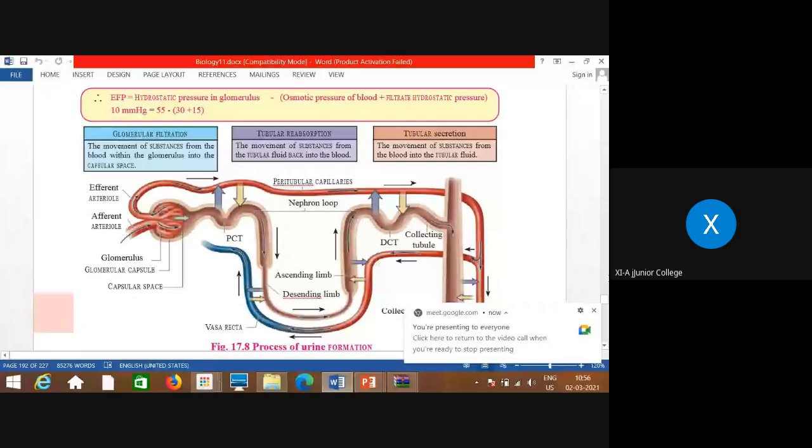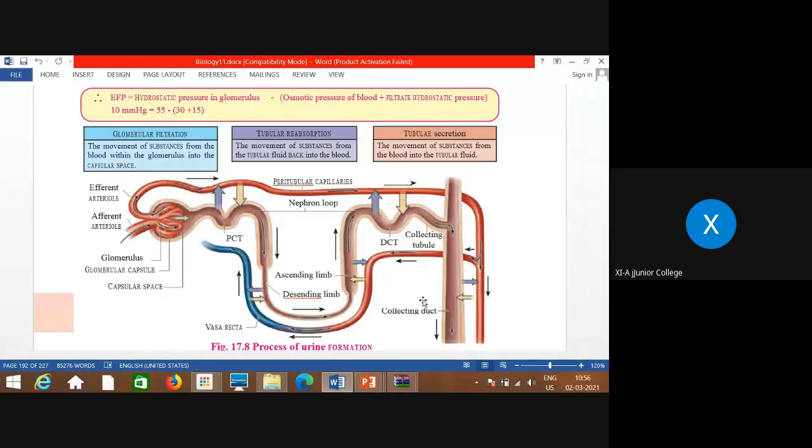Can you see now? Yes, Yes, ma'am. ma'am. Up to what you were able to see the screen? I have explained the entire process of urine formation again, and I showed you the parts also, where which part is involved in glomerular filtration, which part is included in the tubular reabsorption, and which part is included in the tubular secretion. So, uh, have you seen that part?